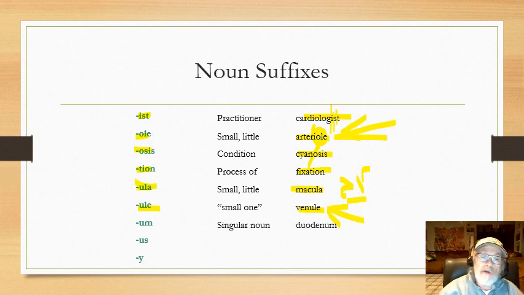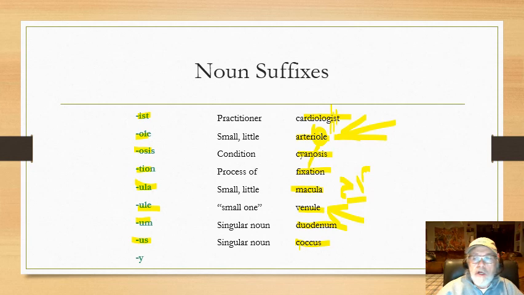UM means a singular noun. We talked about that being duodenum, that first portion of the small intestine. US is also a singular noun, coccus. When we talk about strep, strep is actually streptococcus, and coccus means a small ball. When you look at streptococcus underneath the microscope, it looks like a bunch of grapes.